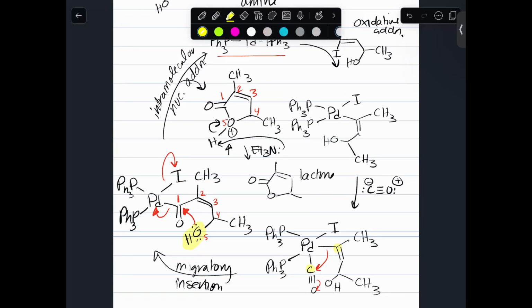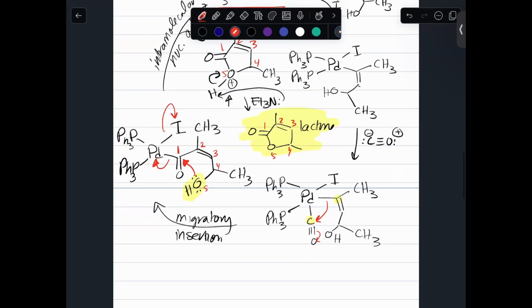And lactone is, of course, just a cyclic ester. Okay? So really clever how it was thought out.